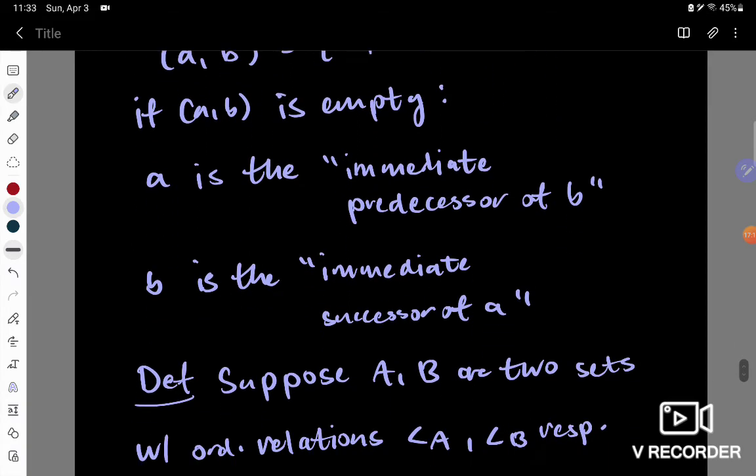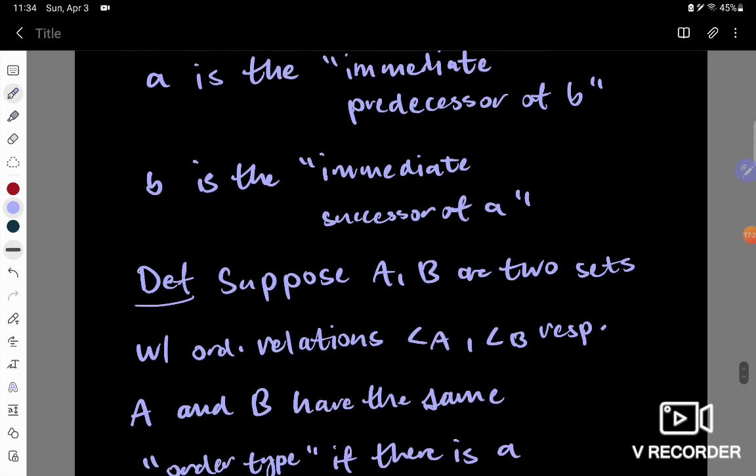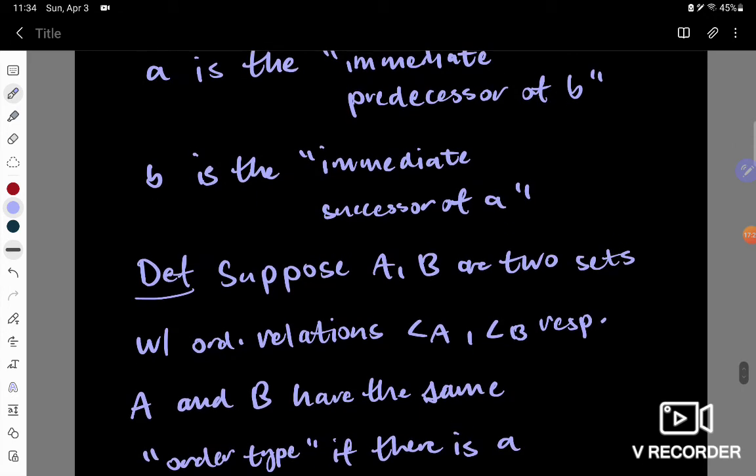Now, we're going to see how we can define something called an order type. So again, relations which have to do with maybe different sets with their own corresponding order relations. To do this, we take two sets A and B with order relations less than subscript A and less than subscript B to denote their respective sets.